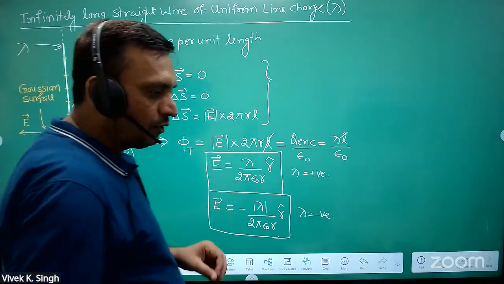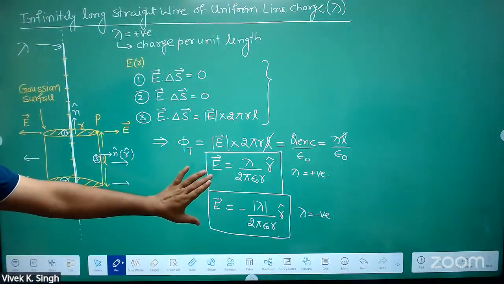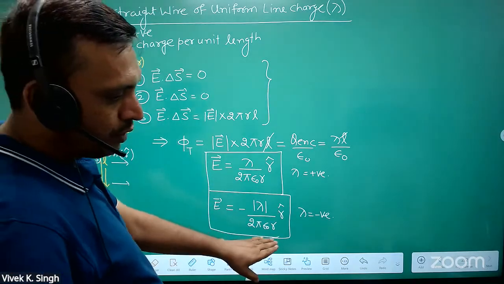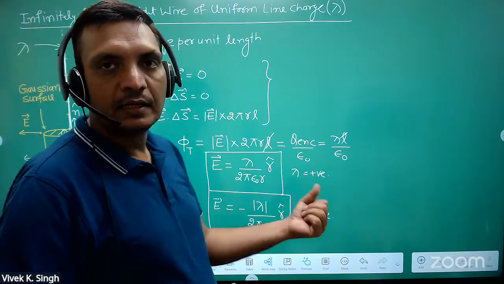So that is the case of infinite wire. Must remember this formula. If you know values of lambda is given, epsilon naught is known parameter, R is given, you will get the electric field.